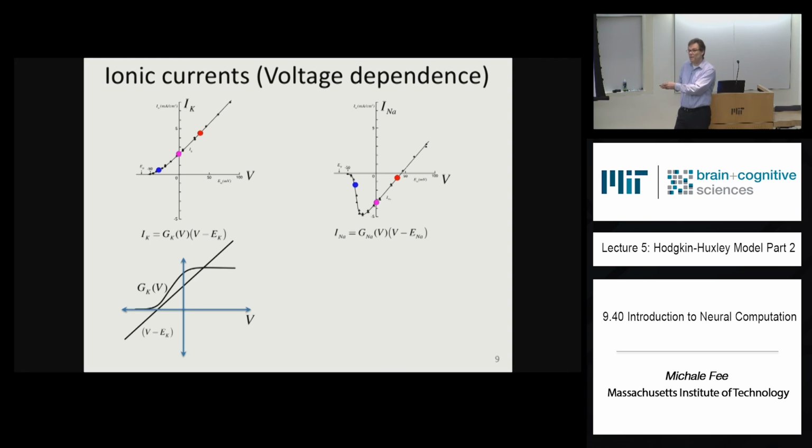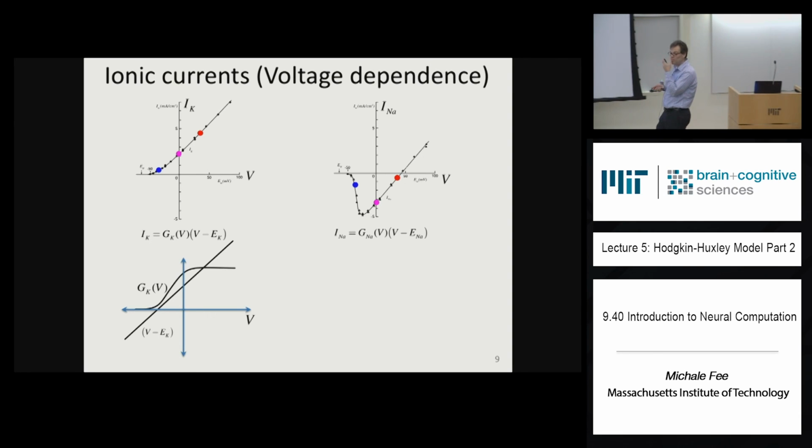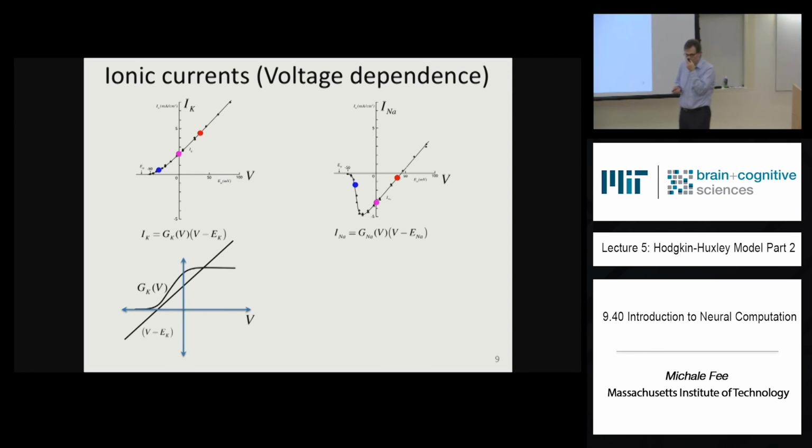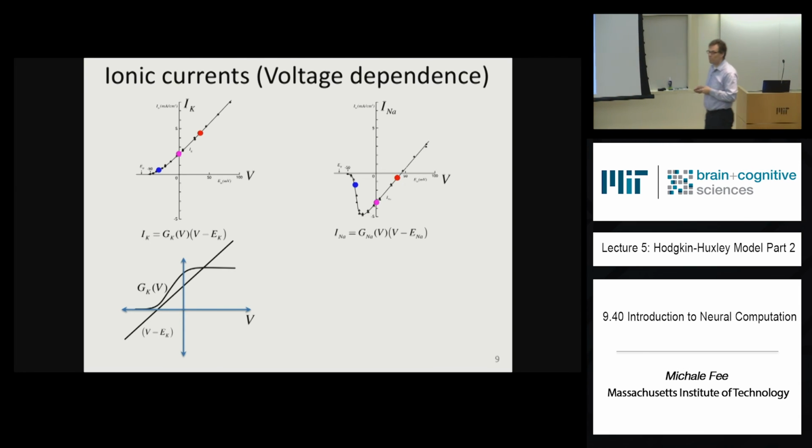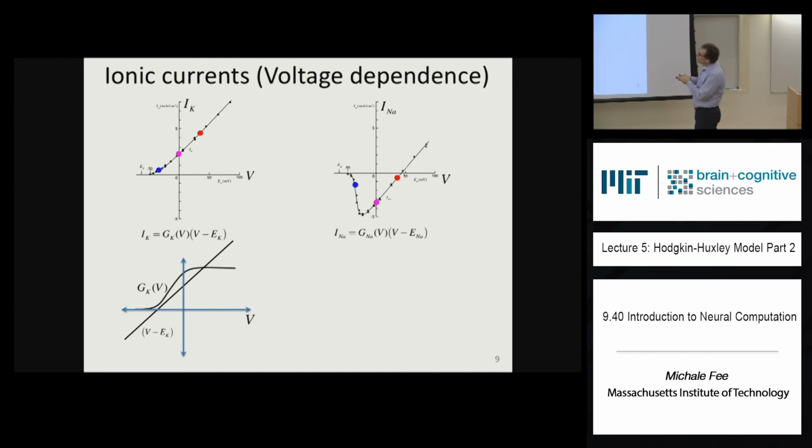Right? Yes? So why is the potassium current 0 when it's more negative than EK? Why doesn't it go in the other direction? Why doesn't this curve do something else? Why doesn't it keep going? Why isn't there an inward current when it's more negative?